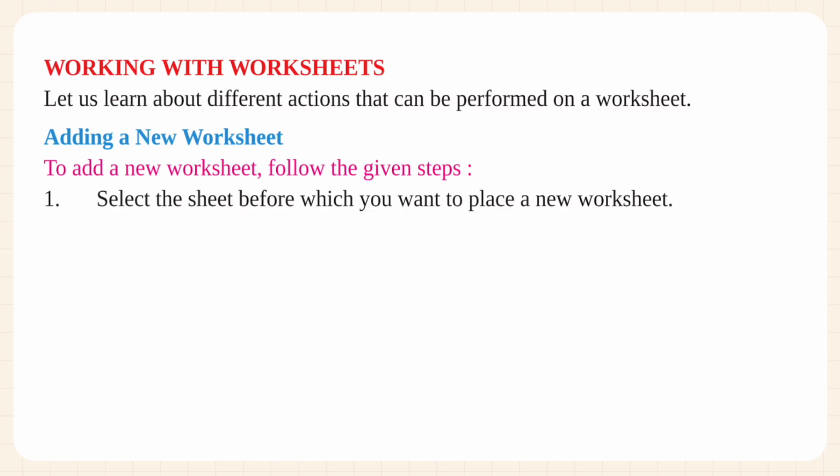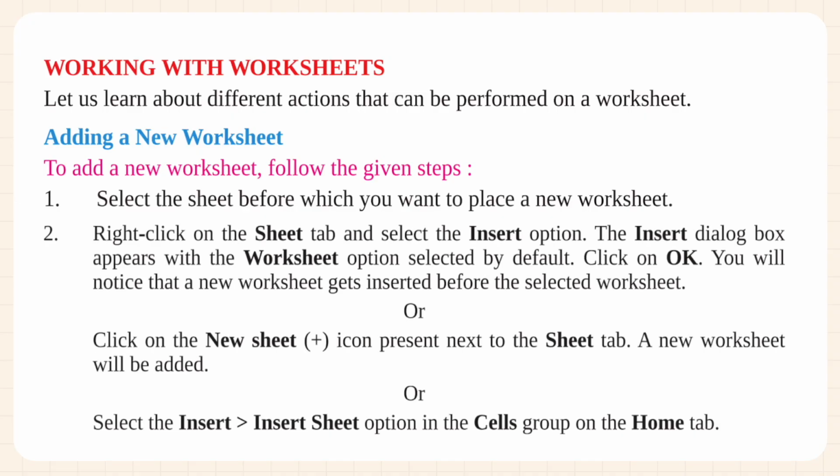Working with worksheets. Let us learn about different actions that can be performed on a worksheet. Adding a new worksheet. To add a new worksheet, follow the given steps. 1. Select the sheet before which you want to place a new worksheet. 2. Right-click on the Sheet tab and select the Insert option.